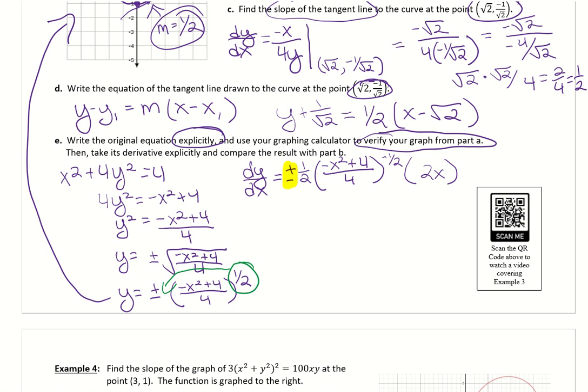So let's combine like terms a little bit. Let's multiply these together. That's not combining like terms. We're just multiplying. So plus or minus 1/2 times 2 is just x. So we're going to have x times negative x squared, let me erase that line, plus 4 all over 4 to the negative 1/2 power.